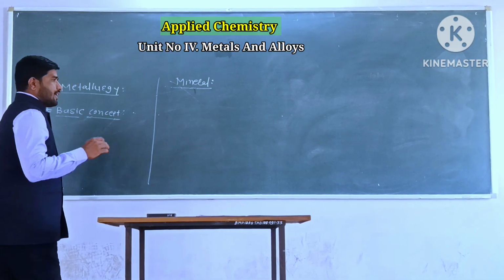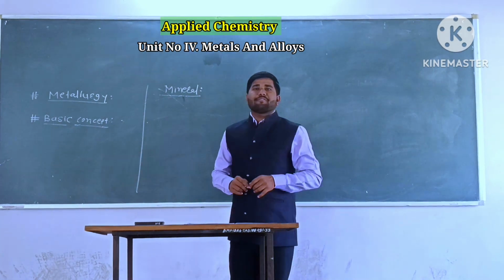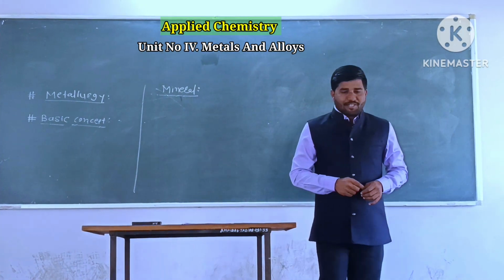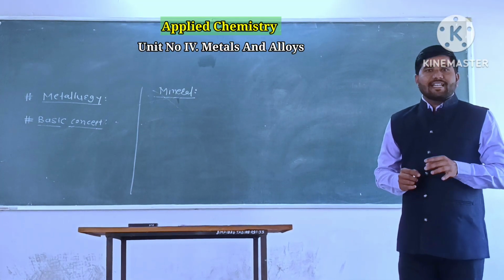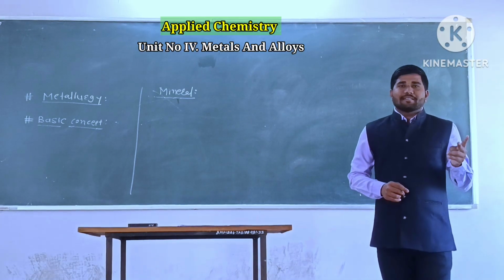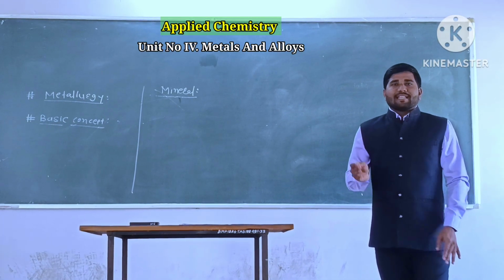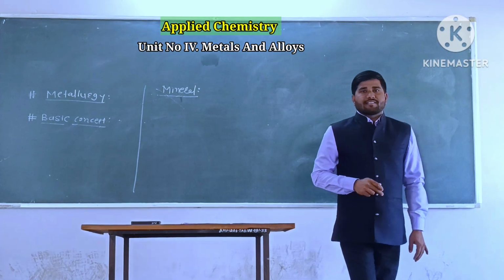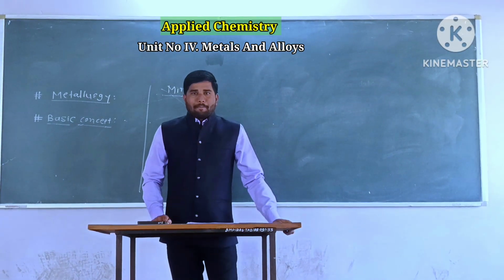We know that the earth has different parts, or an internal structure. In the internal structure of the earth there are three different regions: one is the crust, another is the mantle, and the last one is the core. In the crust part, we observe these minerals.